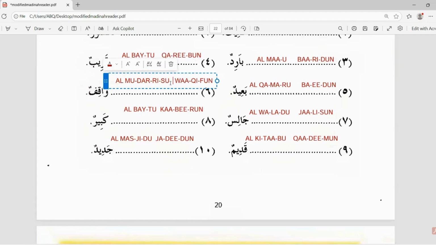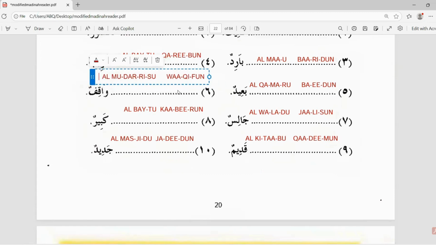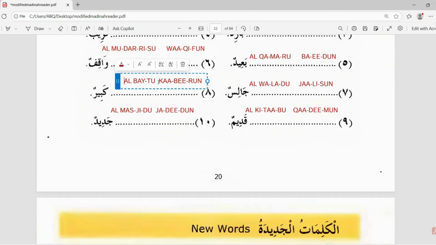Then the next one is waqifun, which means standing. We will say al-mudarrisu waqifun. Al-mudarrisu, the teacher, waqifun, is standing. Next one, the word is kabirun, which means big.